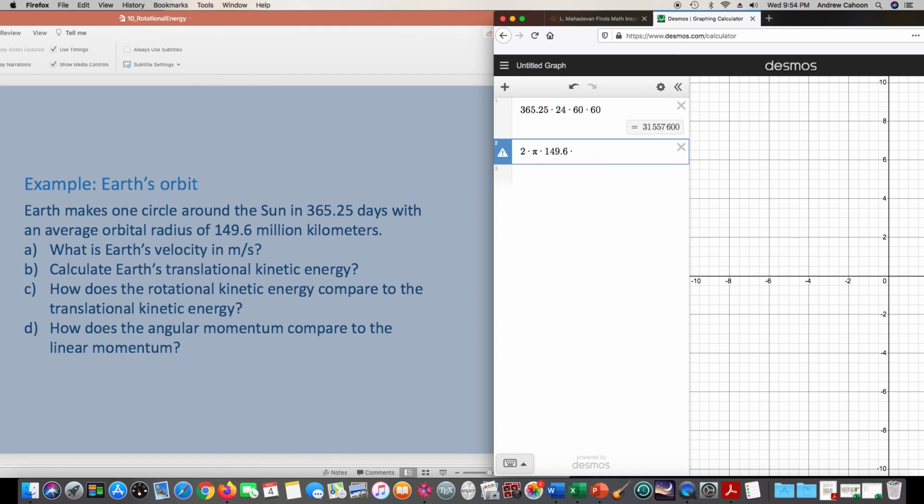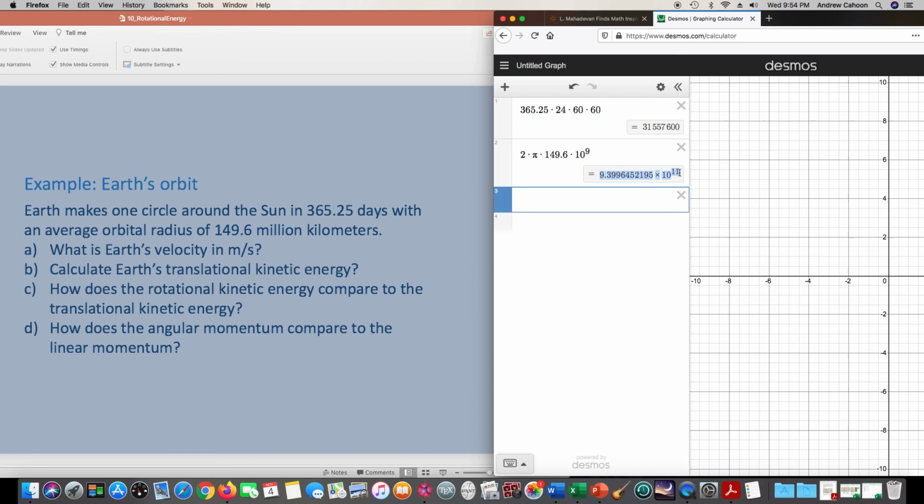Now I need to write million kilometers converted to meters. A million is 10 to the 6th power. Kilo is 10 to the 3rd power. Put them together and you have 10 to the 9th power. So 2 pi times the radius converted to meters gives me 9.4 times 10 to the 11th meters around Earth's orbit.